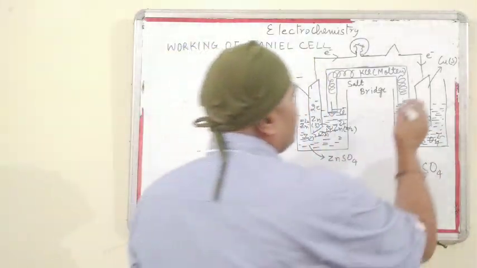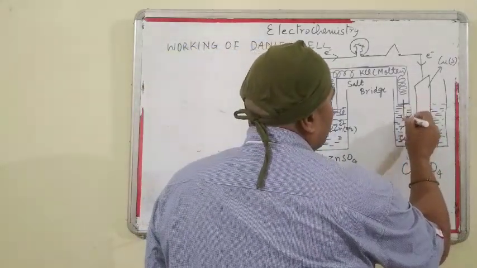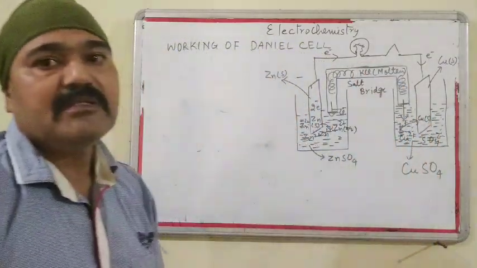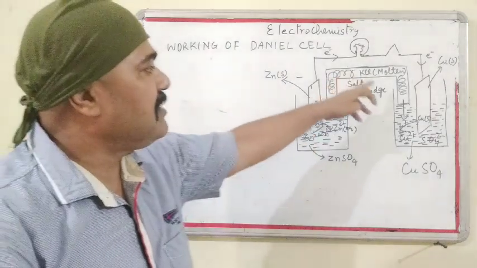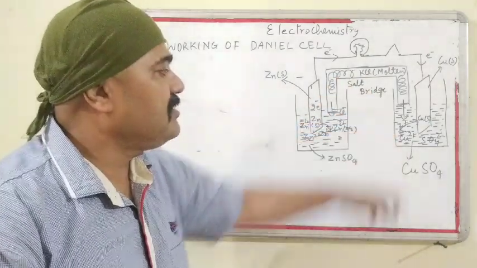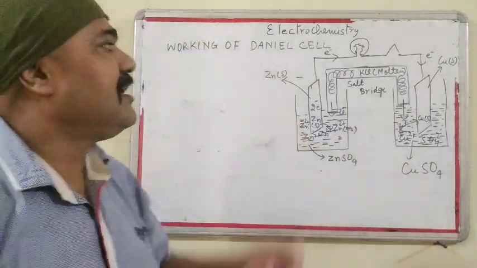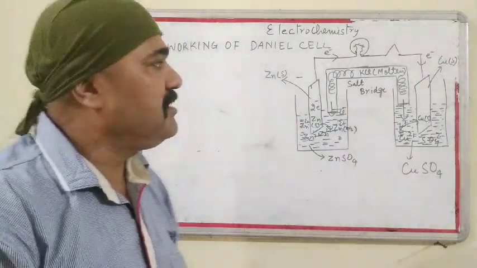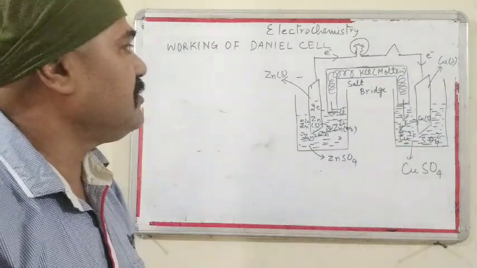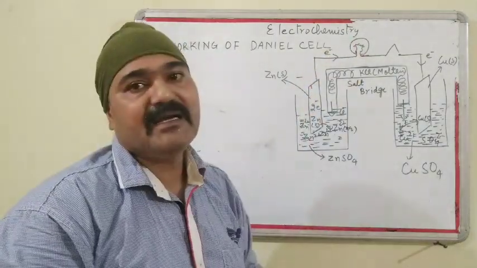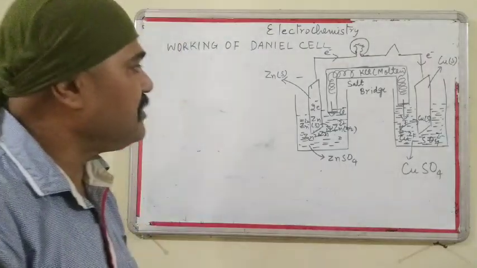These sulfate ions combine with K+ ions, which come from the inverted U-tube, the salt bridge, and they balance this. In this way we can have the reaction continuously, and if the reaction runs continuously, then we can have electricity continuously from this Daniell cell.